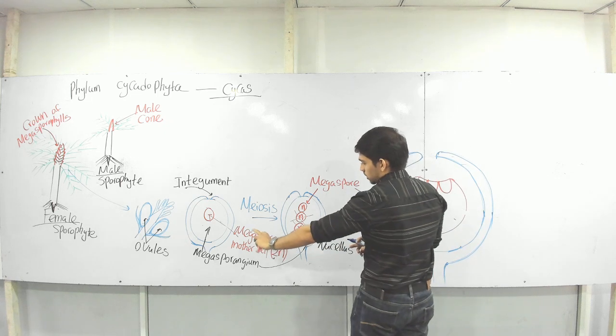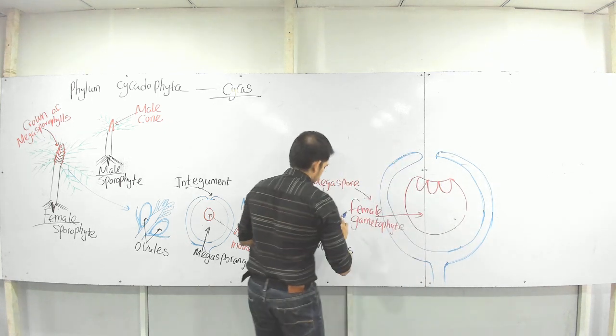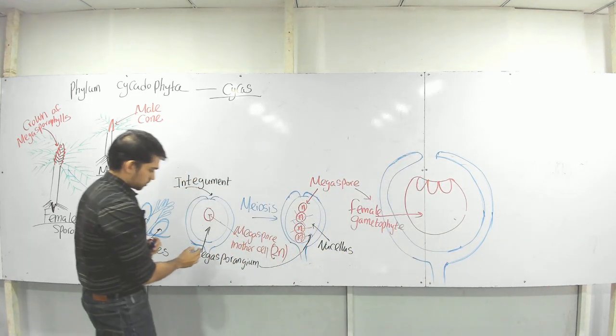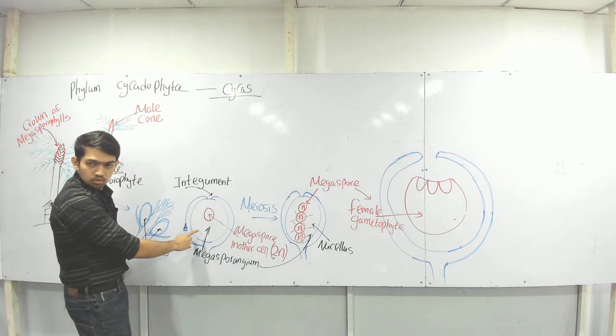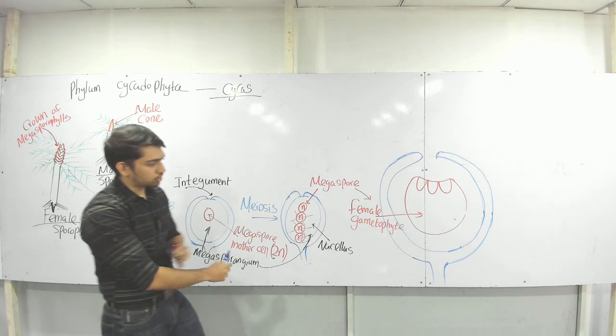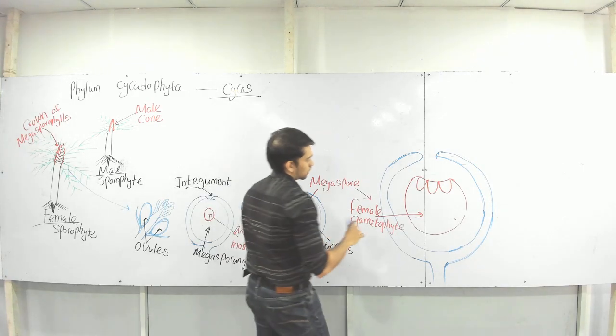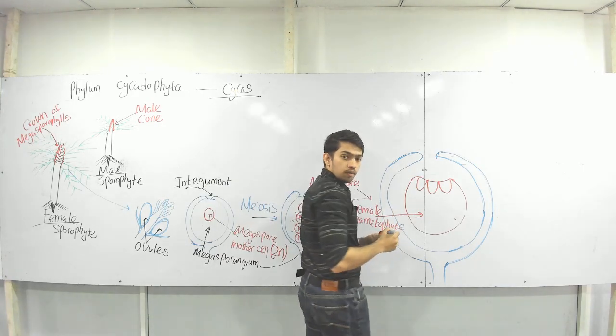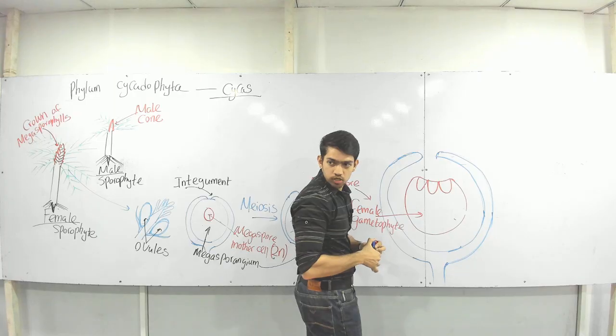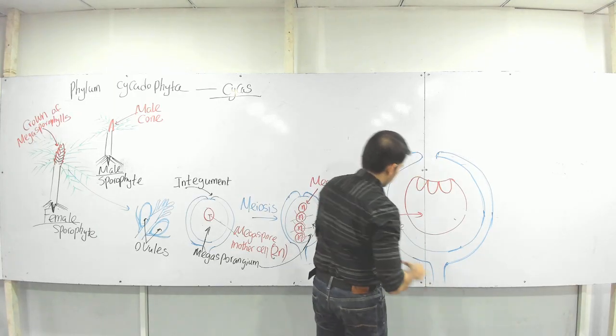So what is the remaining megasporangium going to become? This is megasporangium. What is the remaining megasporangium in the mature ovule? Yes. It's called what? Nucellus.